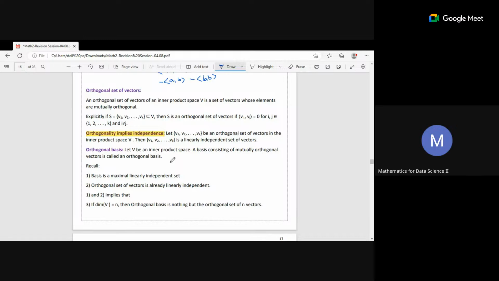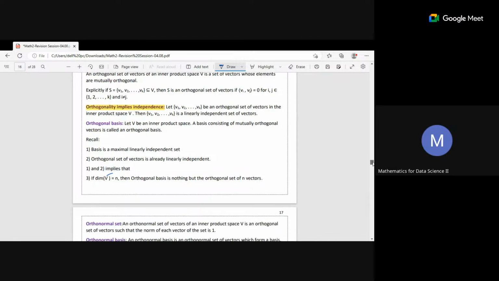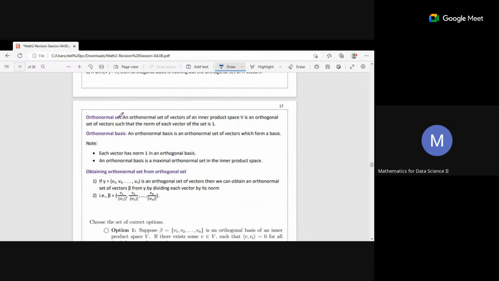Remember that a basis is a maximal linearly independent set, and orthogonal sets are linearly independent. So if you have a vector space of dimension n, then the orthogonal basis has exactly n vectors. Fine. What are orthonormal sets?